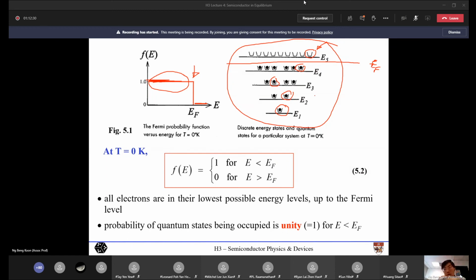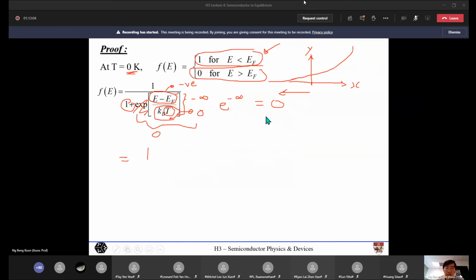All the electrons will tend to go down to the lowest energy level possible. And the transition between occupied states and empty states is described by the Fermi level, the EF. So the Fermi-Dirac distribution function indeed describes the physical system, in terms of the behavior you would expect at 0 Kelvin. That's what we're trying to highlight. So it's in agreement with your understanding at least.